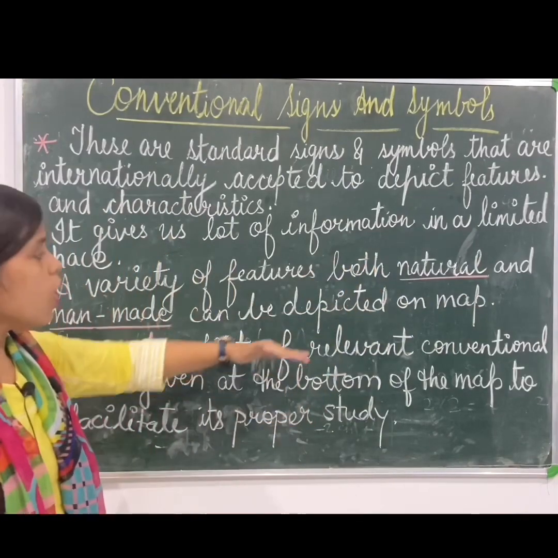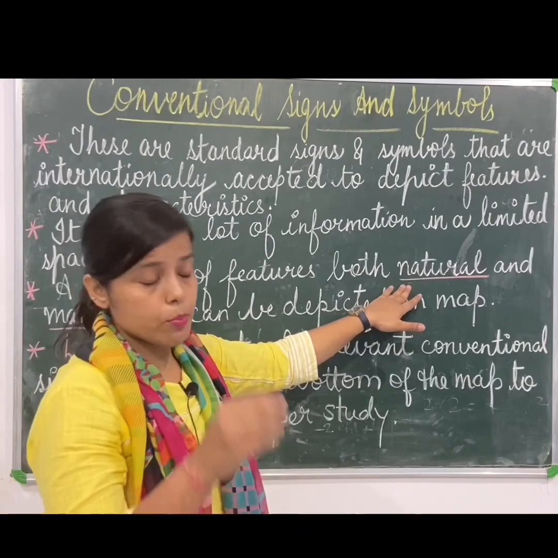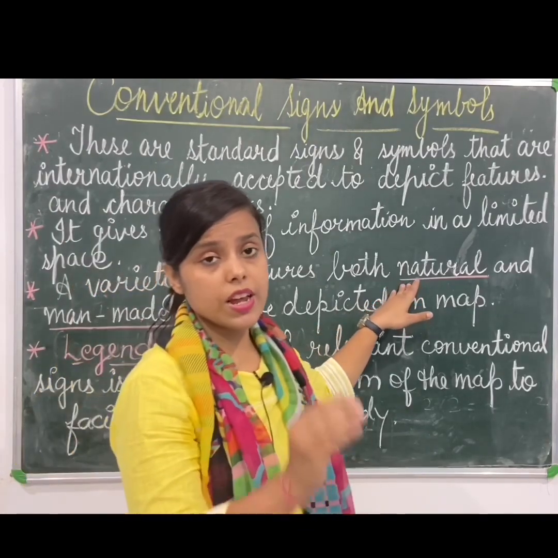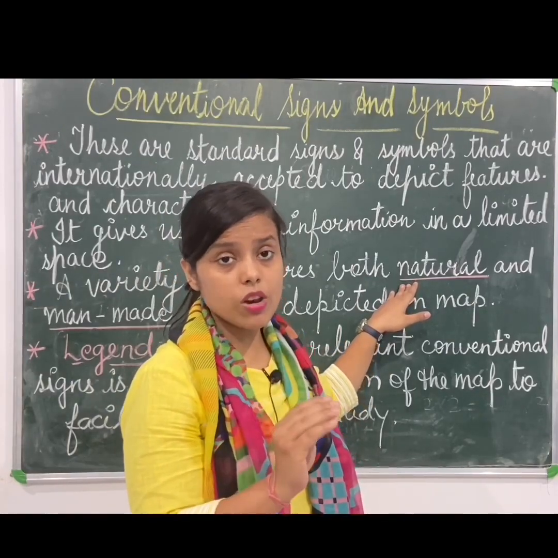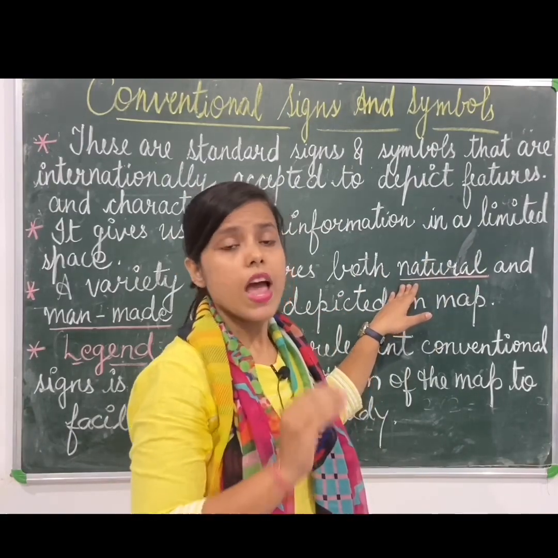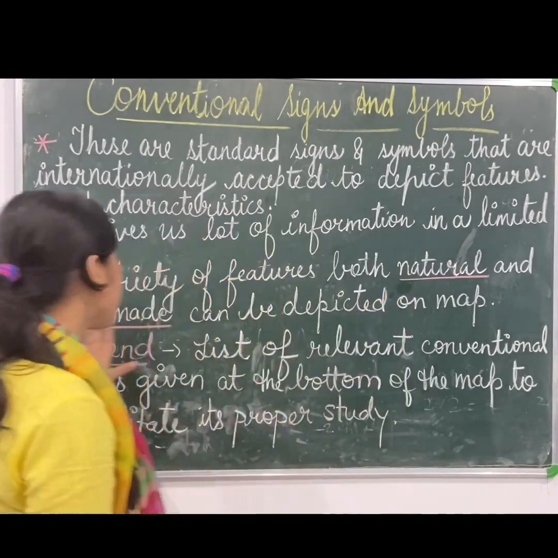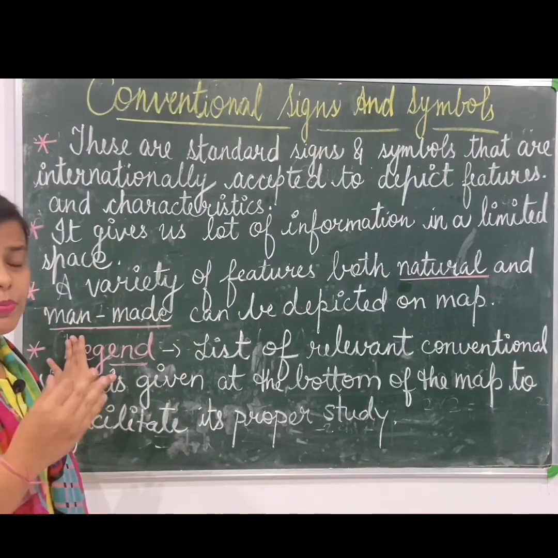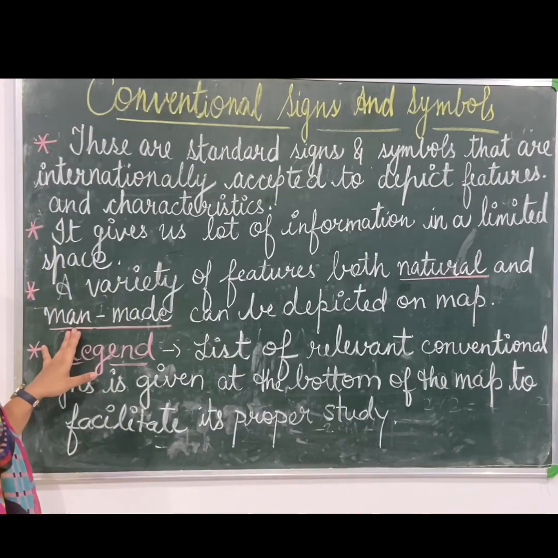Natural features means all those things which are present on the mother earth, which are natural, like mountains, rivers, lakes, plateaus, highlands, marine life and marine systems, and forest life, everything which is natural. And then man-made features will be like buildings, huts, settlements of human beings. All this will come under man-made features.